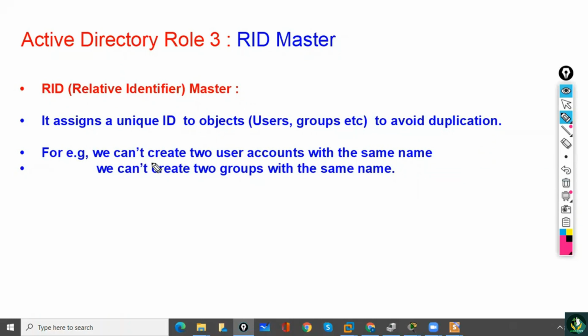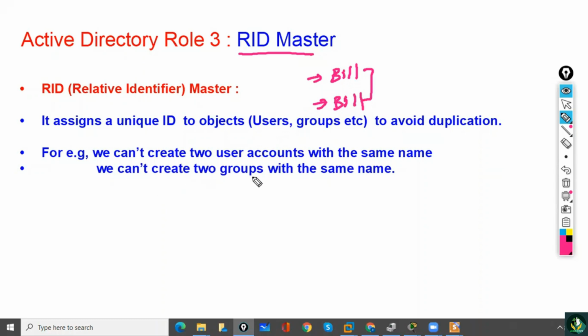Let us say we can't create two user accounts with the same name. So we have one user, Bill. Again, you can't create the same username, the same account. Who is avoiding this duplication? This RID master, by providing a unique ID to each object.